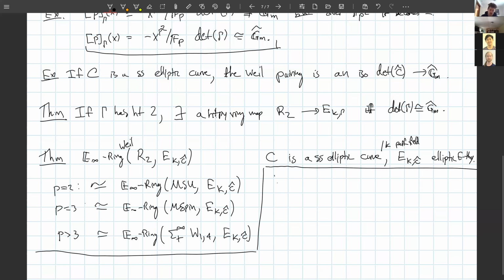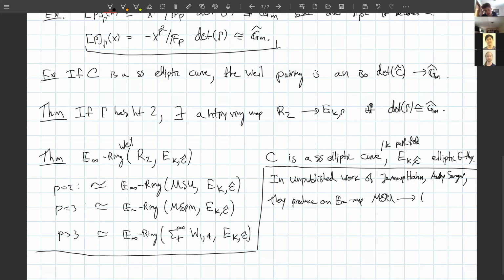In unpublished work of Jeremy Hahn and Andy Singer, they produce an E-infinity map from MSU to TMF_1(3).